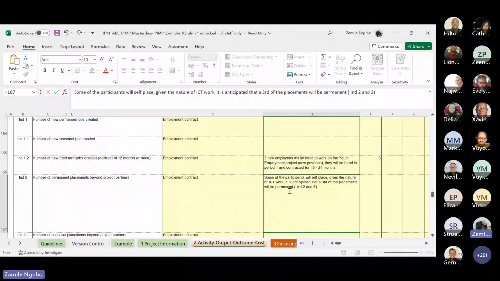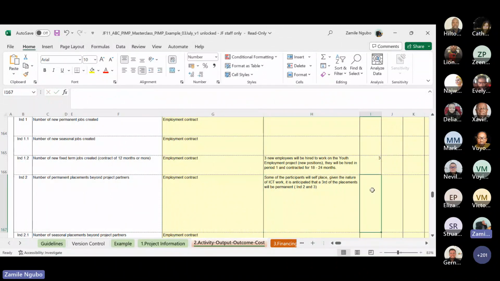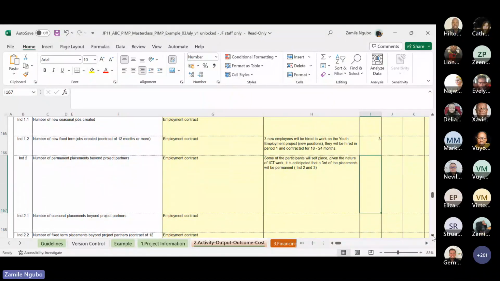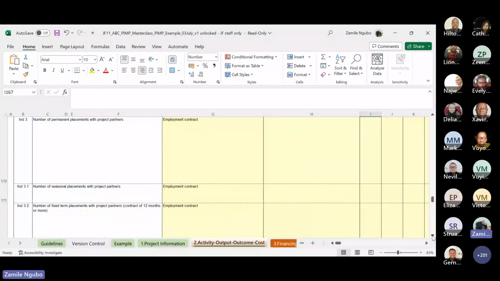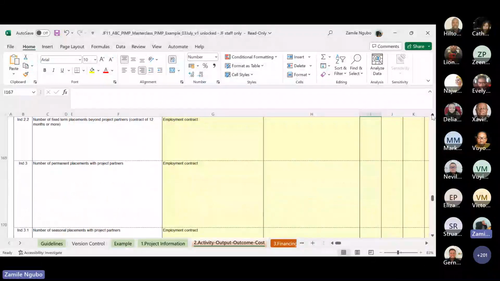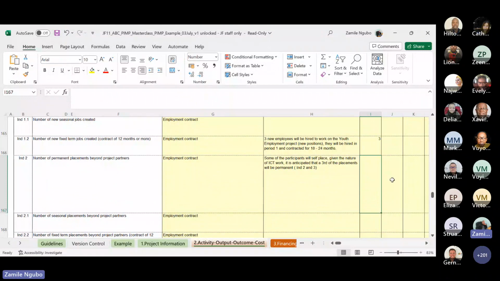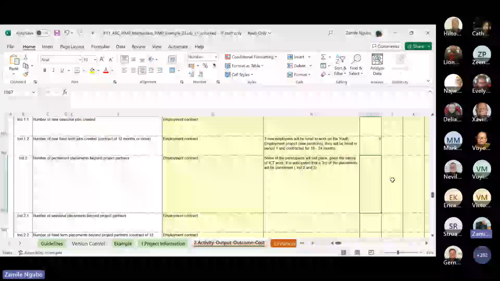All right, so we are assuming that a third of these will be placements. Meaning that these are the number of permanent placements beyond project partners and also the number of permanent placements with project partners. Because the example says the project will partner with employers. So here we were given 15.